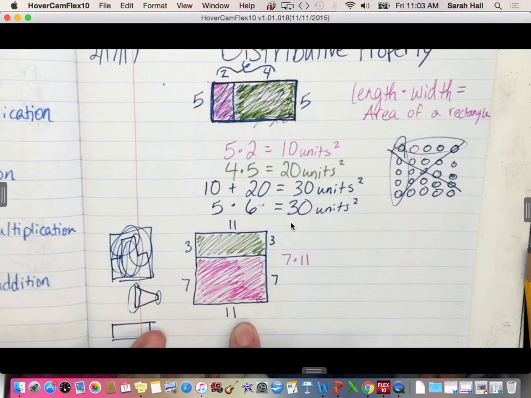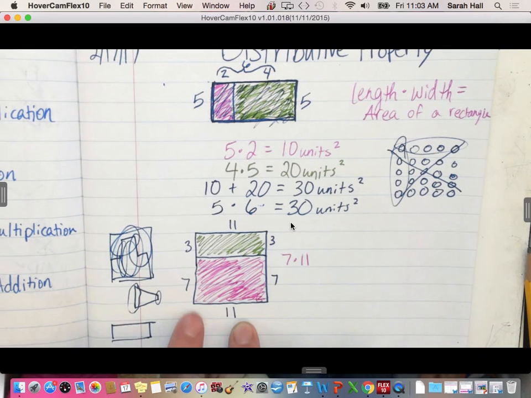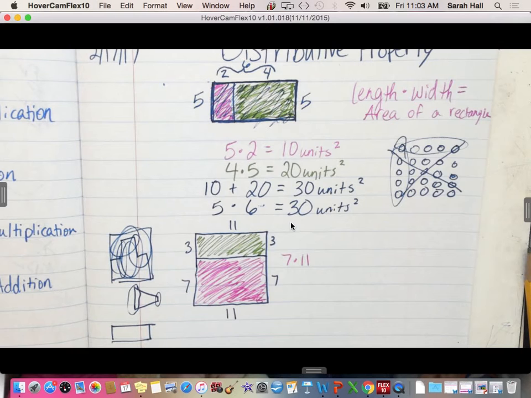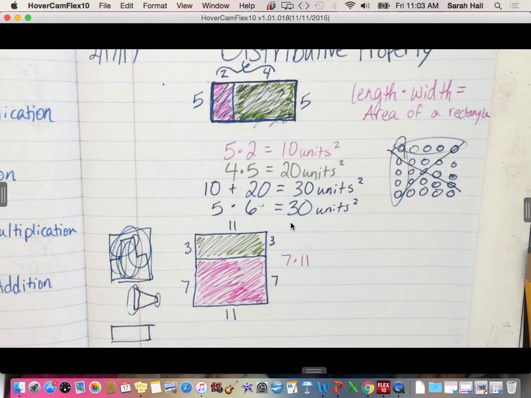Is this a square? No. Nancy, why is it not a square? It looks almost even on every side. Because on a rectangle, on the side, there's two little short lines. And on the square, they're even. You said on a square they're even. What do you mean? But they're all the same numbers.